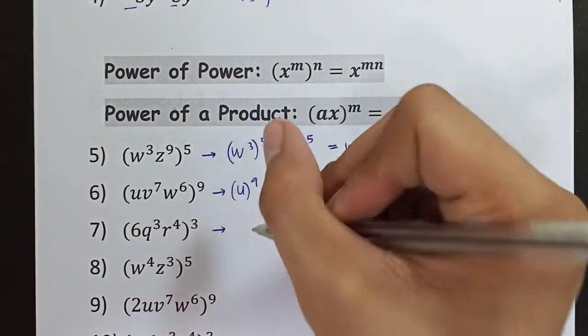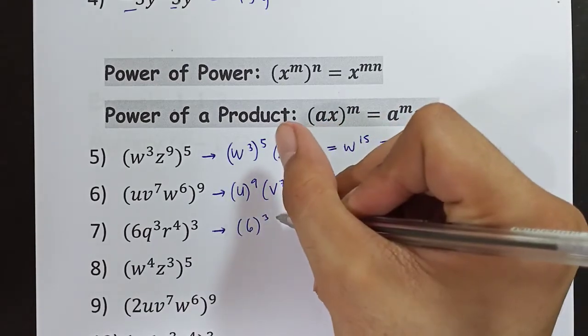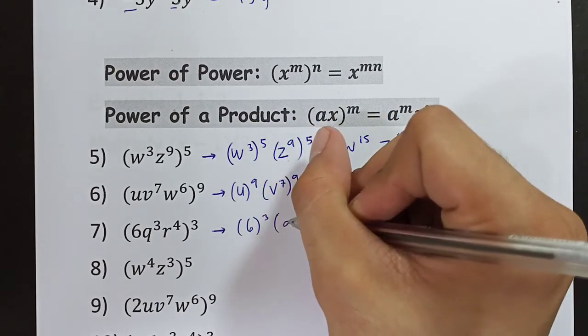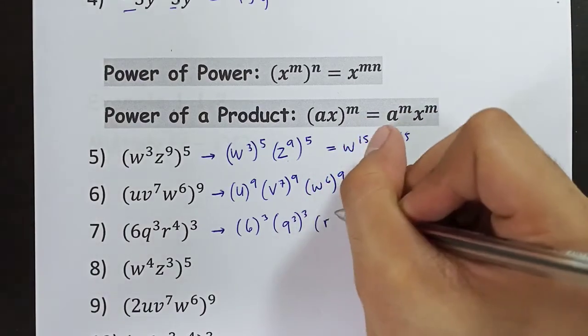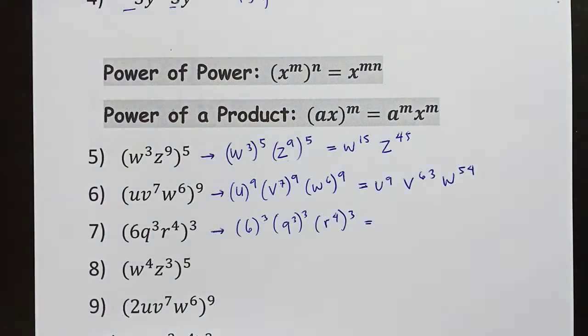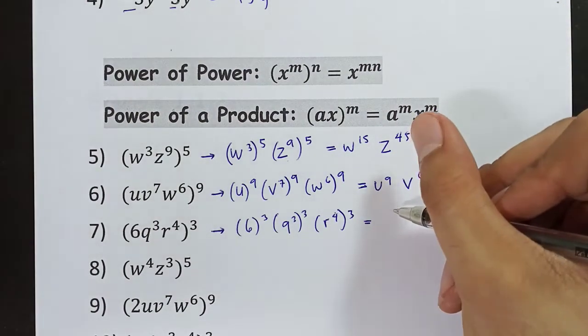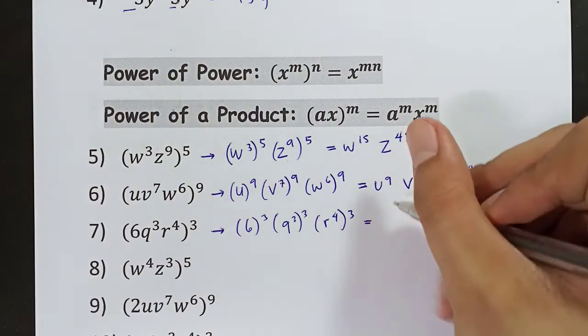Next, again, 6 cubed, then q raised to 3 cubed, and r raised to 4 cubed. So 6 cubed, what is 6 cubed? 216.